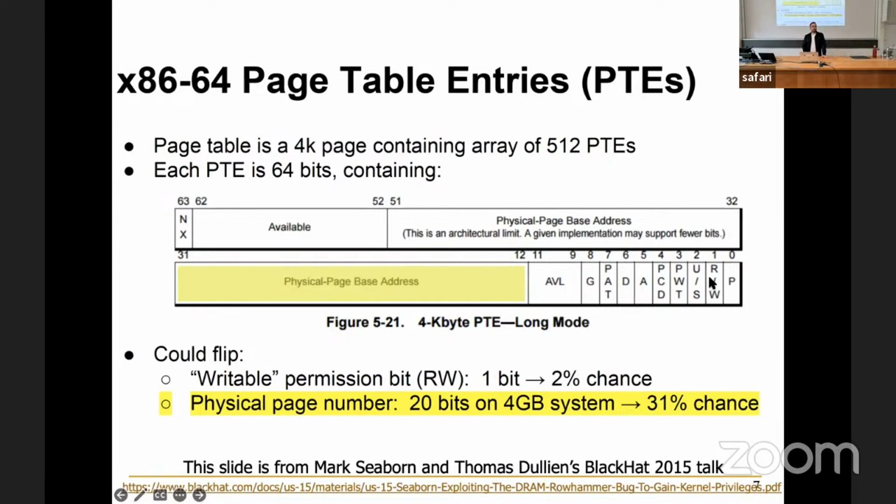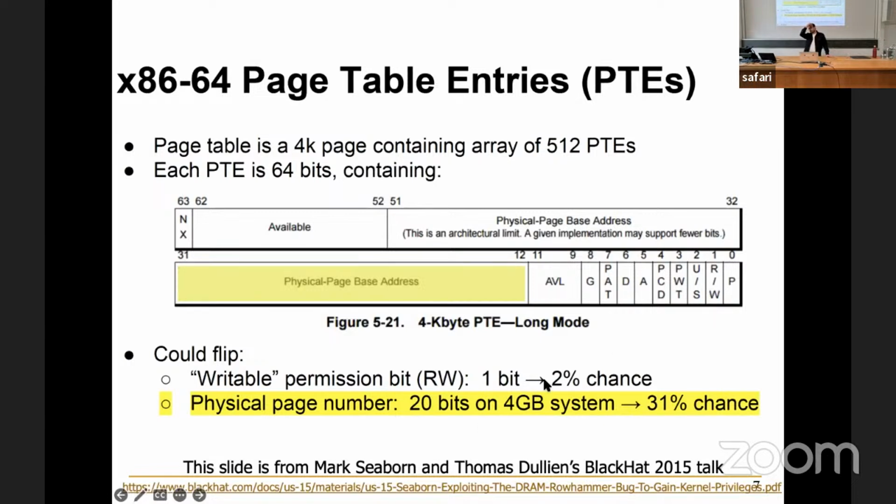If we want to flip this bit so that we can get write permission to a page table entry, let's say the chance of a bit flip in a given location is uniformly distributed in this page table entry. Then a flip in this permission bit has like a 2% chance, right?